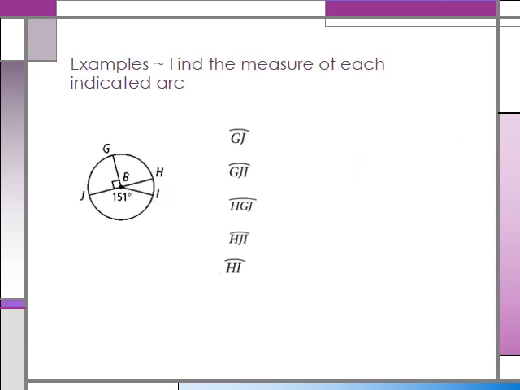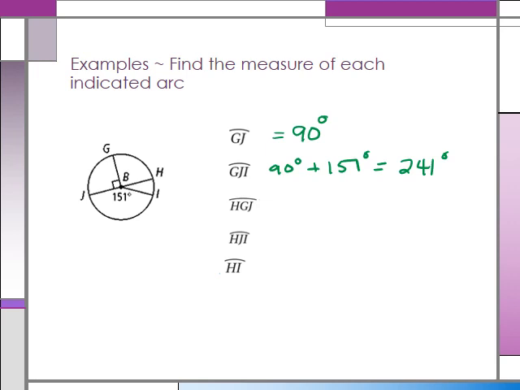So now we can use a lot of these facts to find the measure of each of our indicated arcs. So GJ is right here. We've got the square there, so that's equal to 90 degrees. Okay. GJI, remember, is your major arc that is between here and here. So that's going to be 90 degrees plus 151 degrees, or 241 degrees.